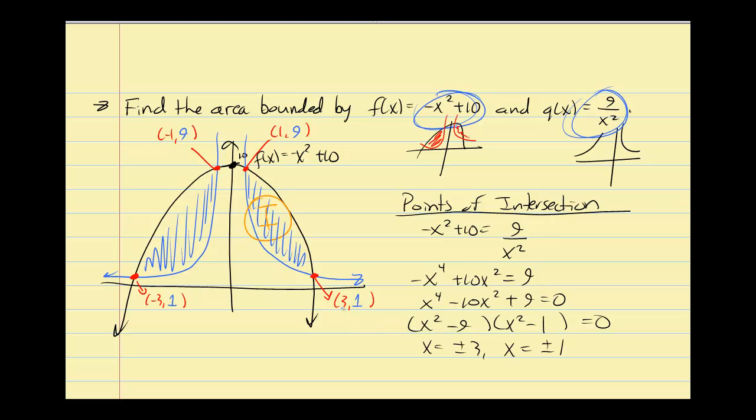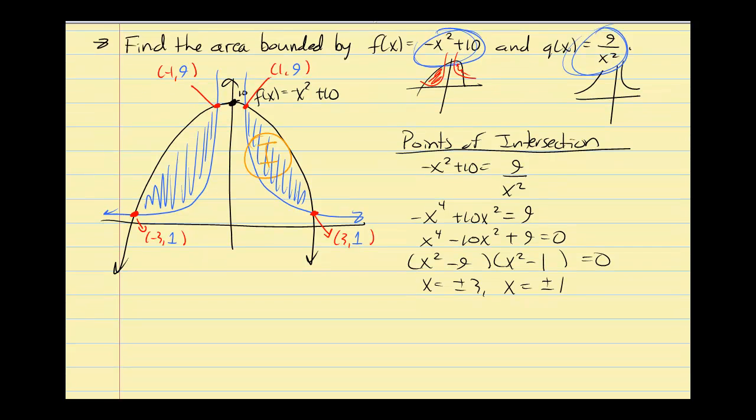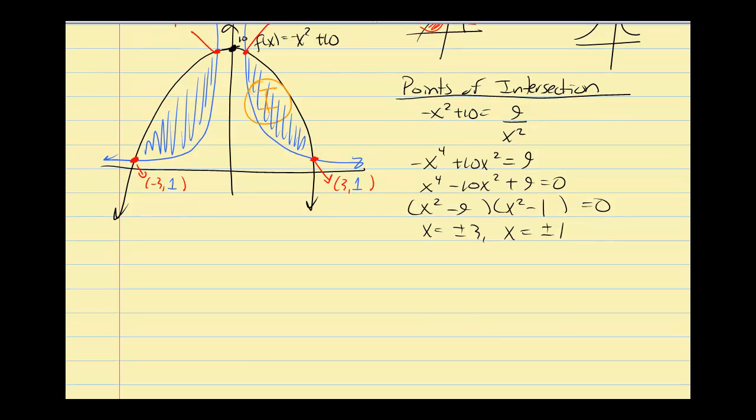So you can see that I have that symmetry there because I have this reflexive property across the y-axis with my y values. So let's go ahead and look at this and set up both horizontal rectangles and vertical rectangles. Horizontal rectangles on this one are definitely more work.